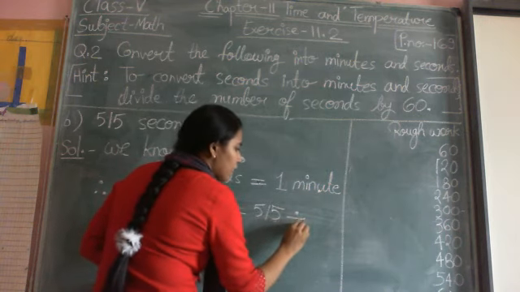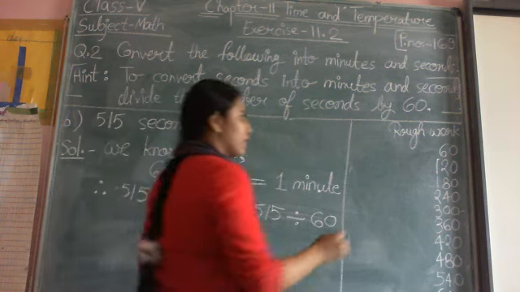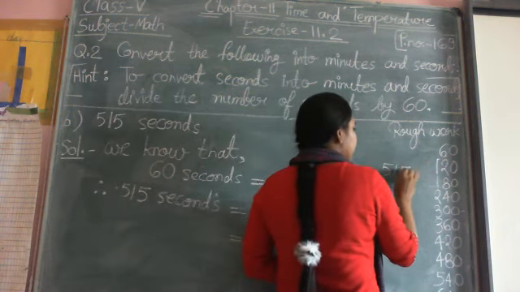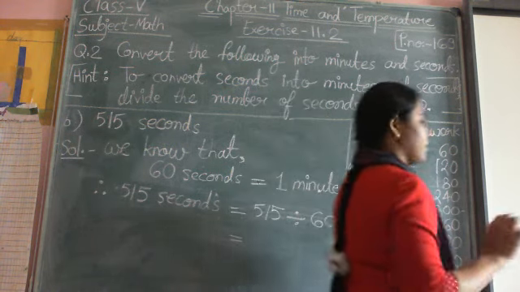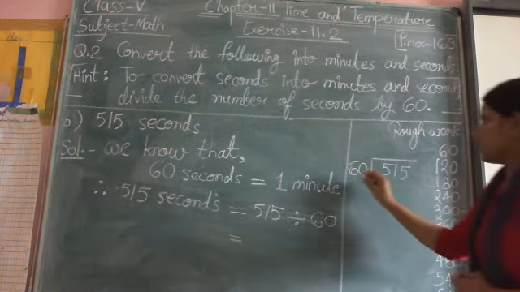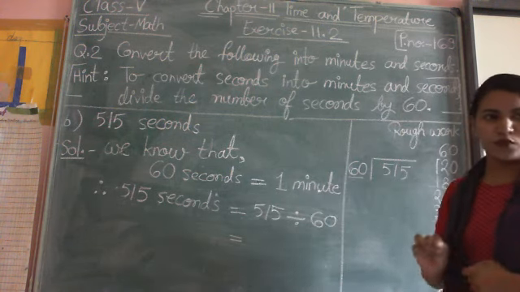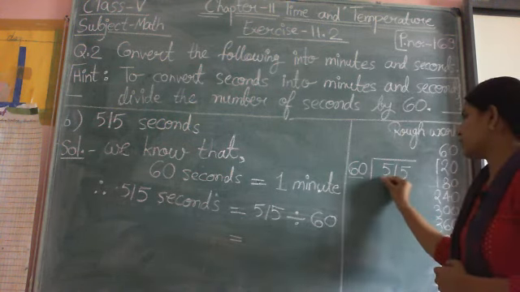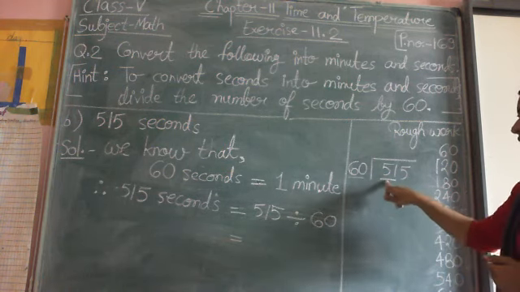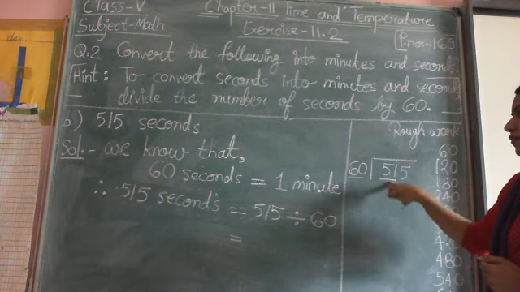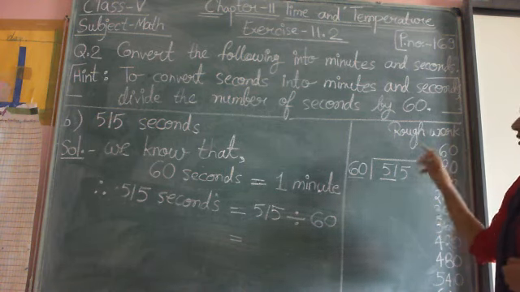515 divided by 60. Now in rough work, we will divide 515 by 60. As the divisor is of 2 digits, we will choose the first 2 digits of our dividend. But after observation, we see that the number is smaller than the divisor, so we cannot divide.